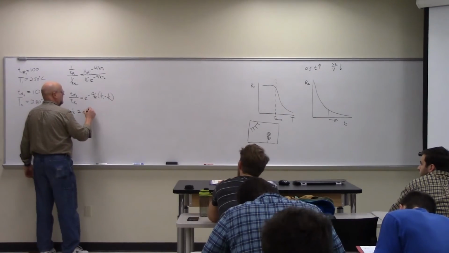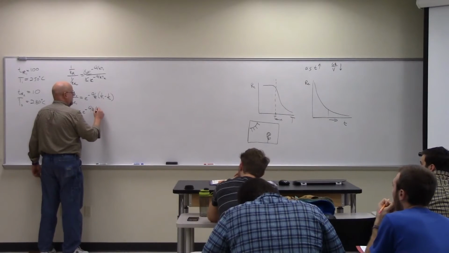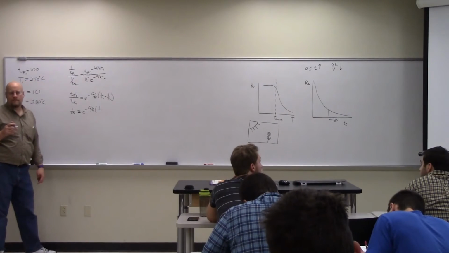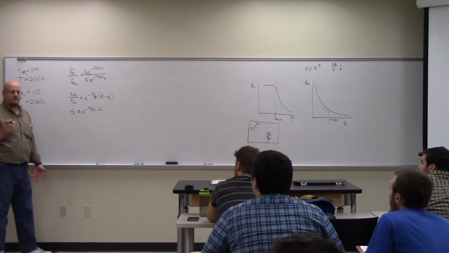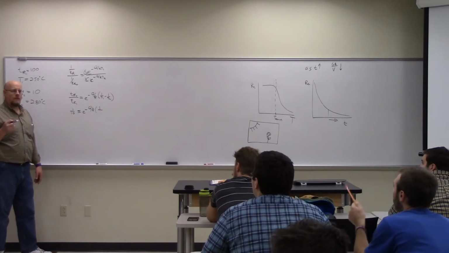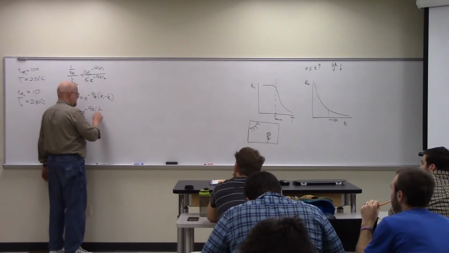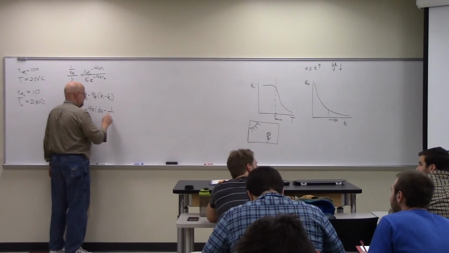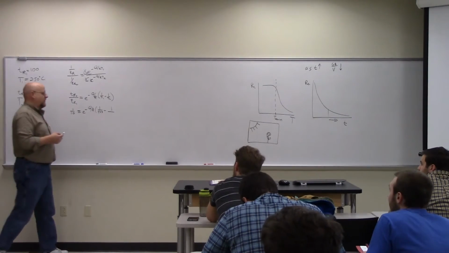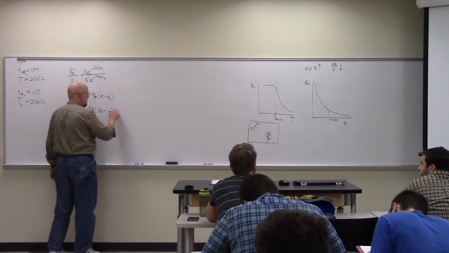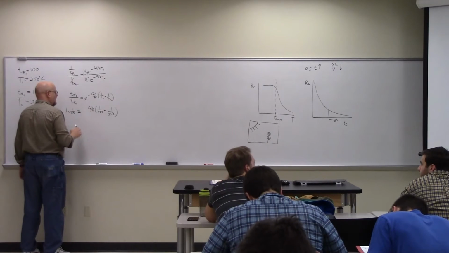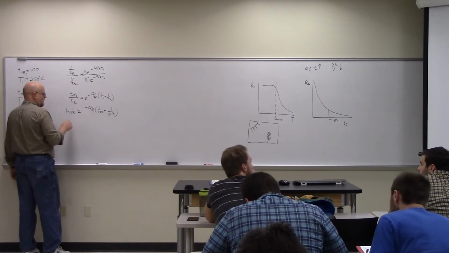TR2 is 10, TR1 is 100, so that's 1/10, equal to e to the minus Q over R times (1 over T1 minus 1 over T2). What's T1? 523 kelvin, correct. What is T2? 553 kelvin. So you take the natural log of both sides and the e goes away, leaving minus Q over R times that quantity equals the natural log of 1/10.